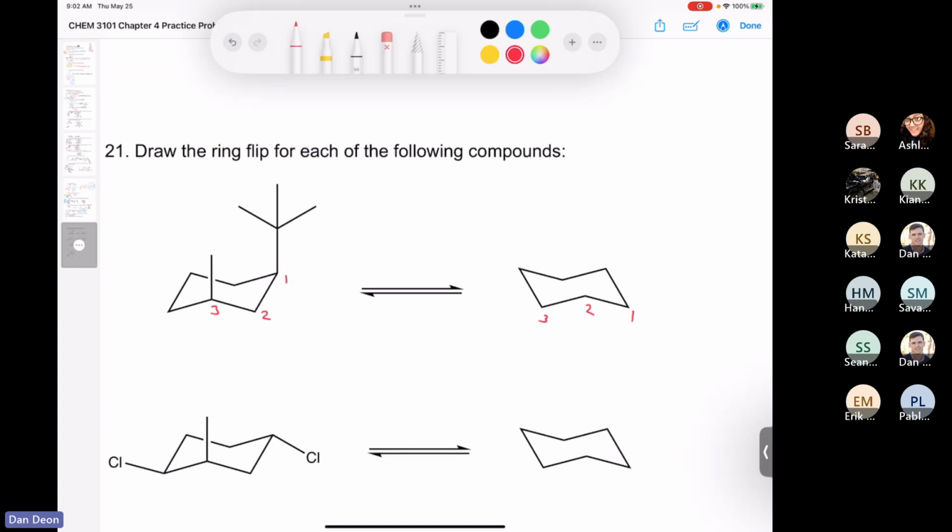All right, so if the tert-butyl group is going up and axial, that means that in the flip, it should be going up and equatorial. So we're going to draw something that looks like this. Yes, perfect. Thanks, Katana. So up and equatorial. So there's our tert-butyl group like this. And the methyl group is going up and axial, so it is going to be going up and equatorial, just like that.